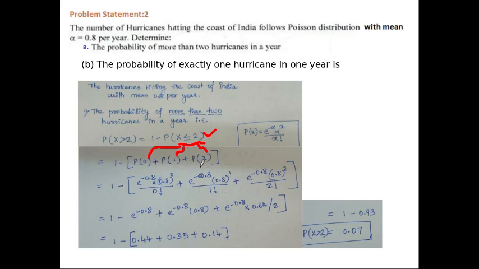All these are calculated separately and added, and the obtained value is subtracted from 1. Finally, we get a value of 0.07. So the probability of more than 2 hurricanes hitting the coast of India is 0.07.